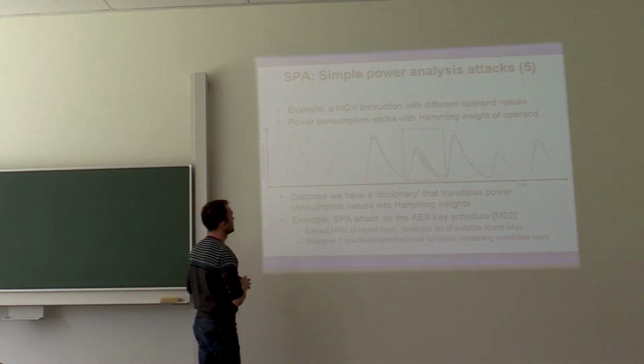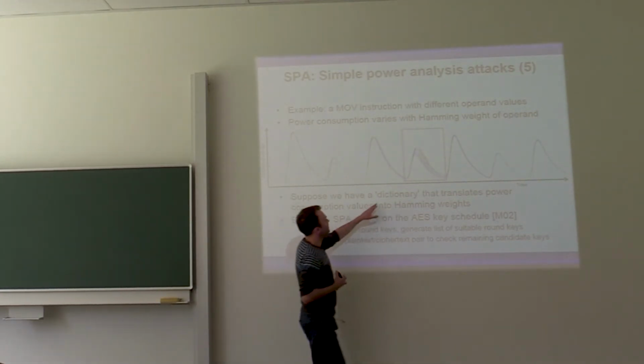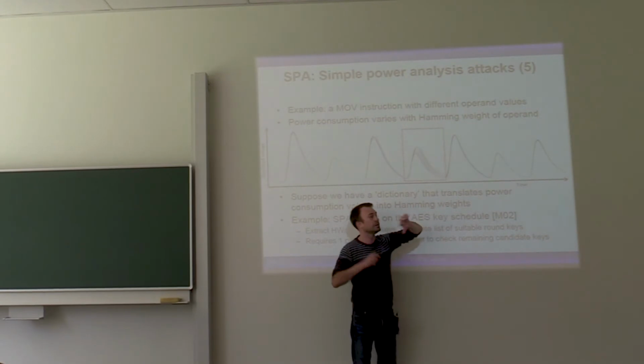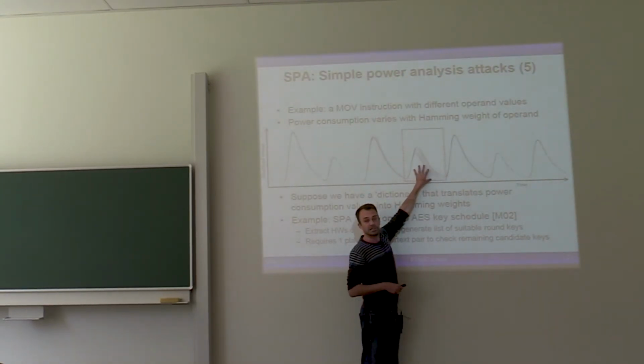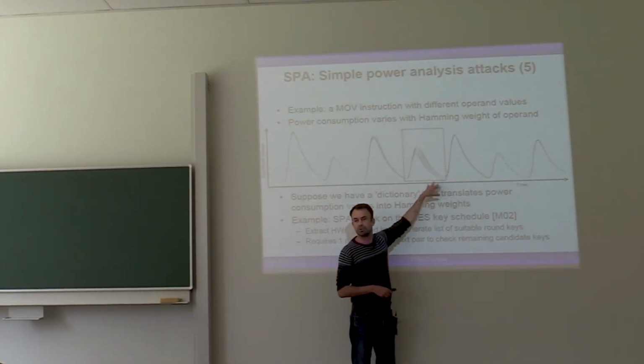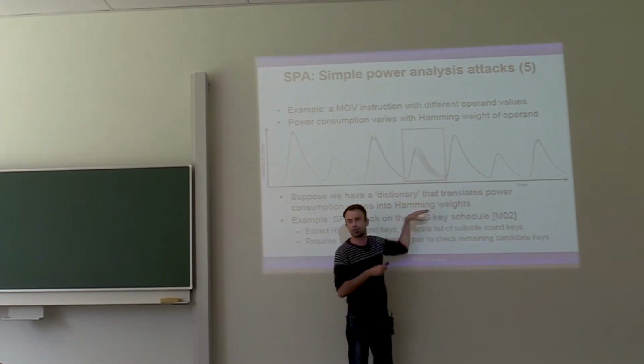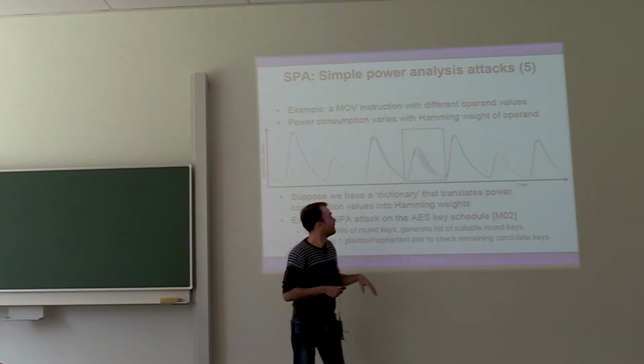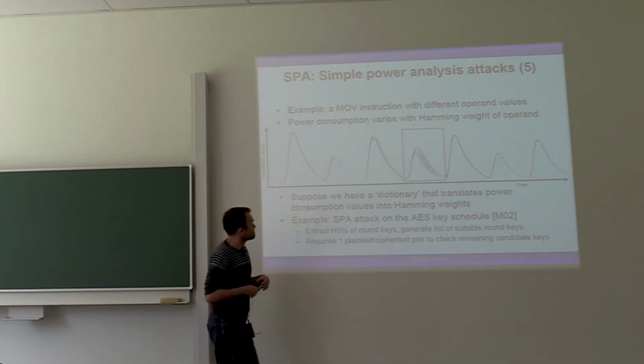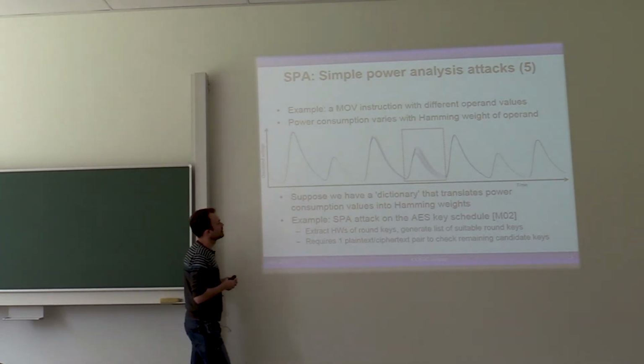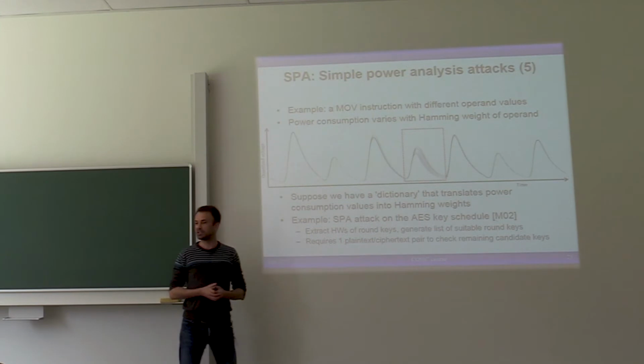Doesn't sound so cool, but now suppose that somehow you have a magic oracle that, given this, returns Hamming weights. So you have some way to automatically translate this into Hamming weights of data. And now suppose that this is a measurement, for example, of the AES key schedule.